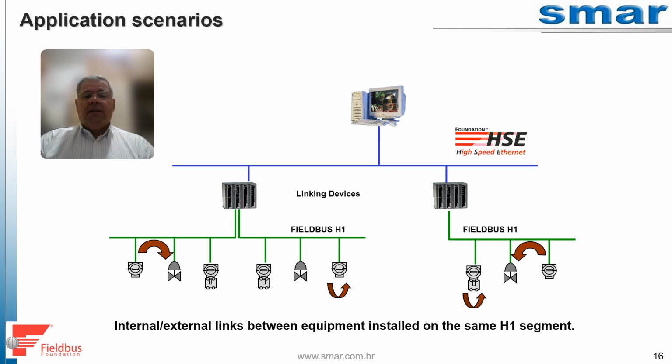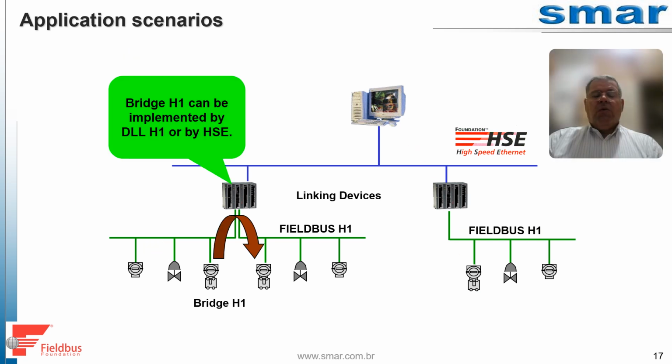Now we will cover some application scenarios. One situation involves devices communicating on the same channel, sharing information with each other. Devices are able to communicate with each other while connected to the same channel, exchanging data and information. Another notable application scenario is data swapping between channels.